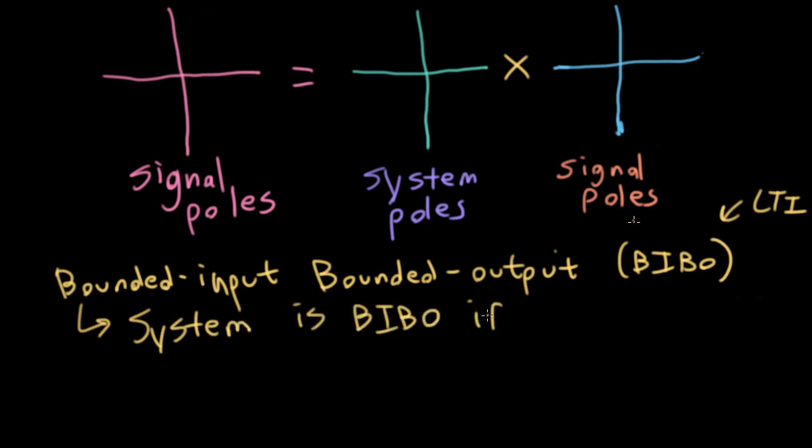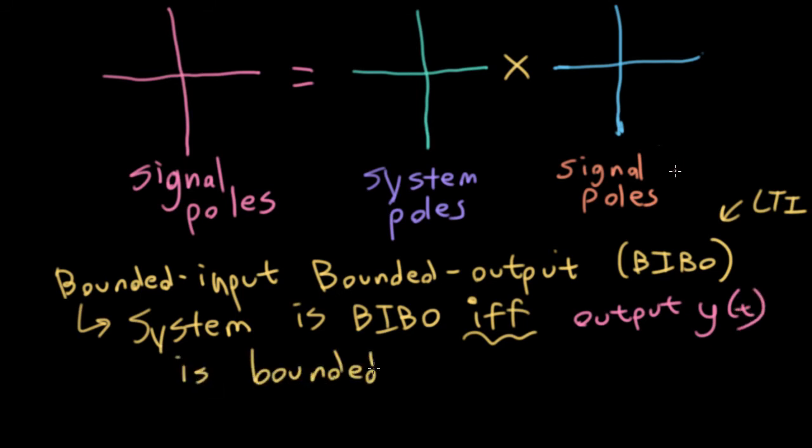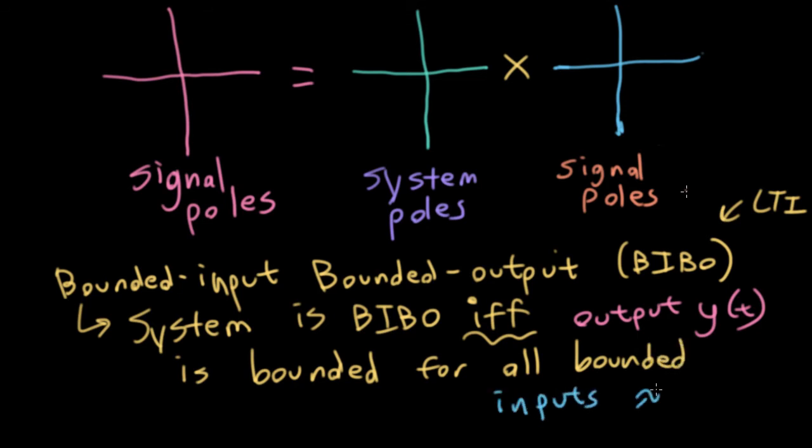So a system is BIBO stable if and only if, do I need to say only if here? This is a definition. This isn't a logical conclusion, it's a definition, but I feel like I should say only if here anyway. If and only if the output y of t is bounded for all bounded inputs x of t. So if the system is a BIBO system, it's making a deal with you. It's saying you can give me any bounded input you want.